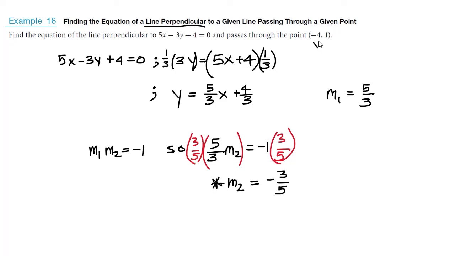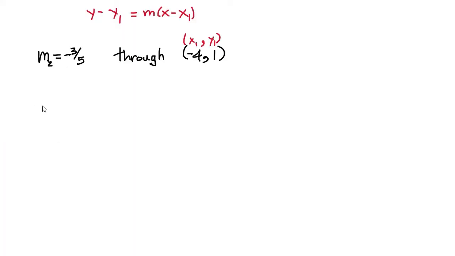And here's the point that I need, x1 and y1. And I'll need to use the point slope form, y minus y1 equals m times x minus x1. So that's going to give me y minus y1 equals the slope, which is negative 3/5, multiplied by x, subtract x1.